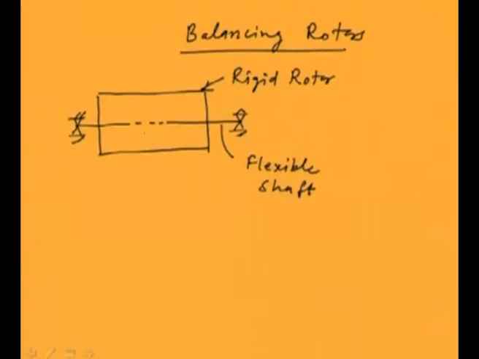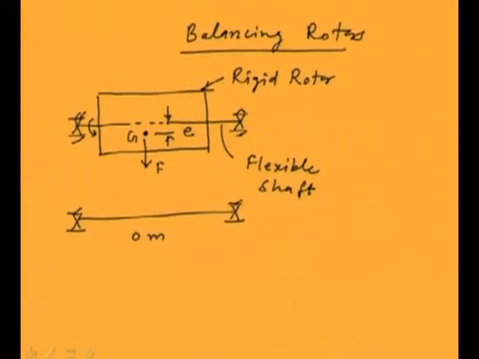Now if the center of gravity of the rotor is somewhere here, offset by e, then when this shaft rotates, we will have a centrifugal force acting outward, and this can be represented in a simple line diagram like this.